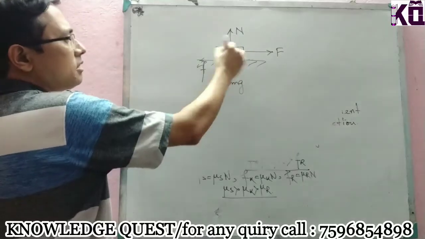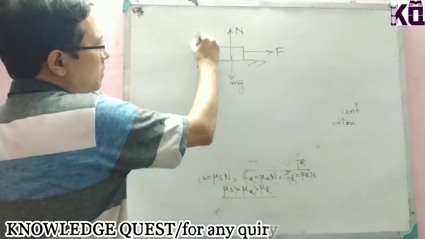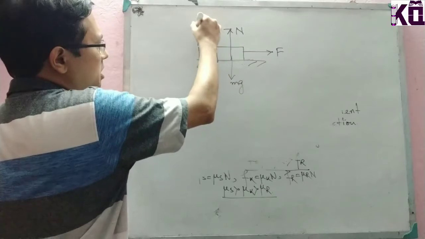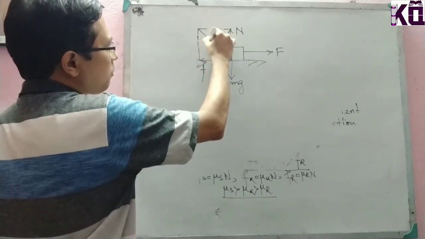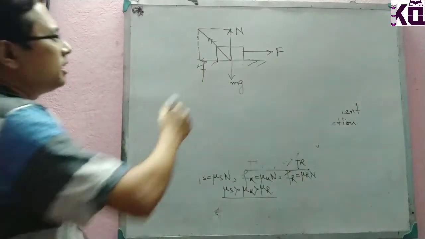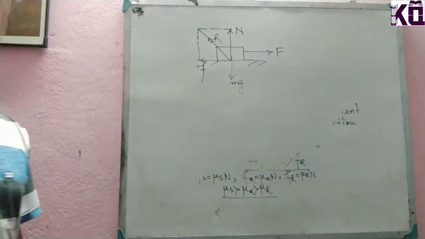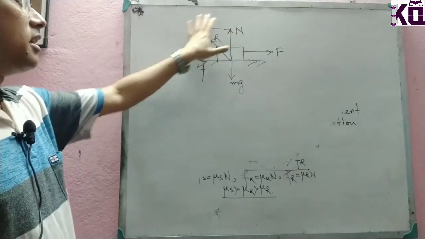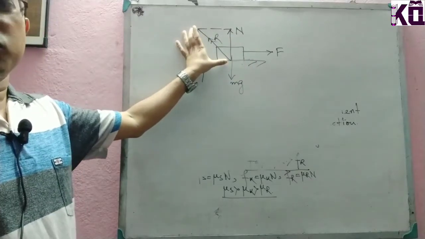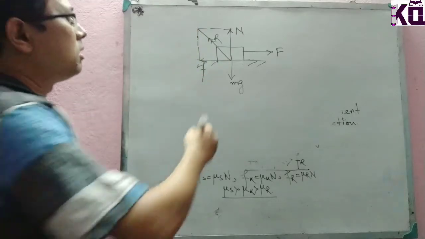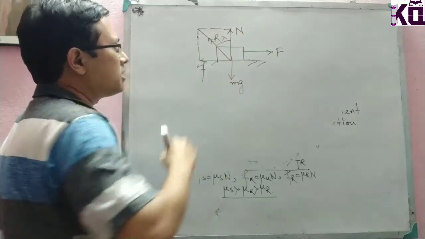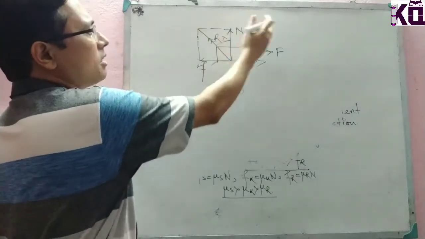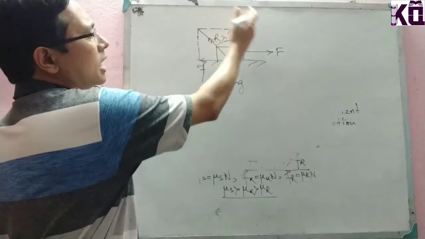If there is the force and the frictional force here, and I make one resultant of this frictional force and the normal reaction, let us say the value of this resultant force is R. Now if the angle which the resultant force makes with the normal reaction is lambda, then R cos lambda is the component of R along the N direction.